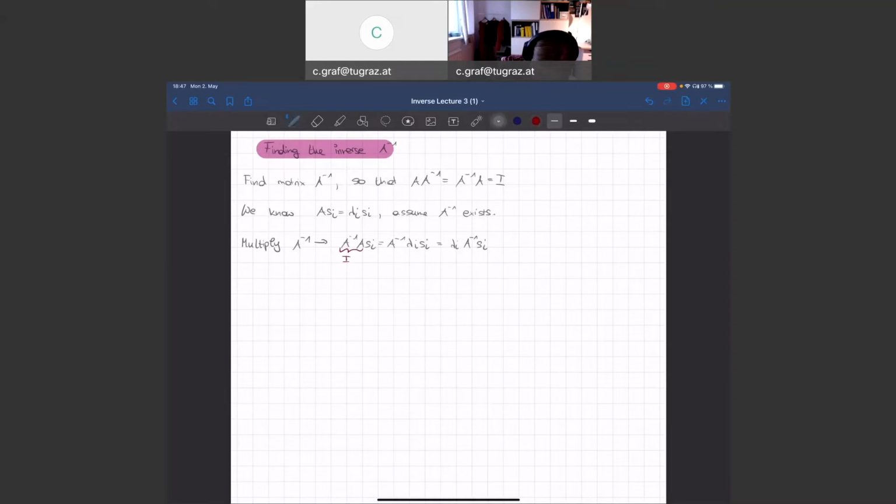Hence this thing here is equal to the identity matrix. Now with that and some rearranging, we end up in A inverse times S_i is equal to 1 divided by lambda_i S_i. And of course only if lambda_i is not 0. Here, we have actually written down the statement of the eigenvalue problem for the matrix A inverse.